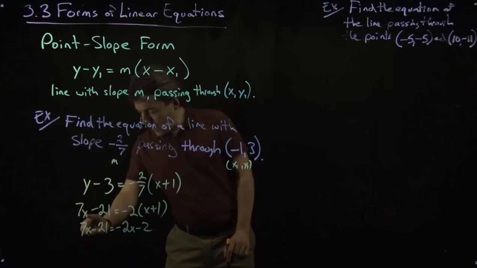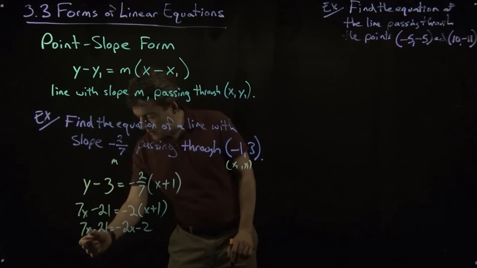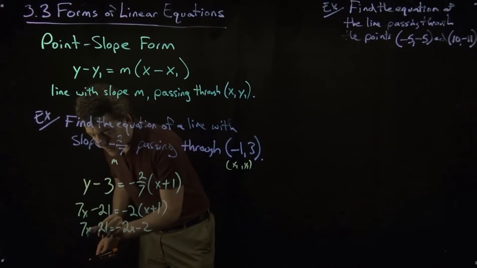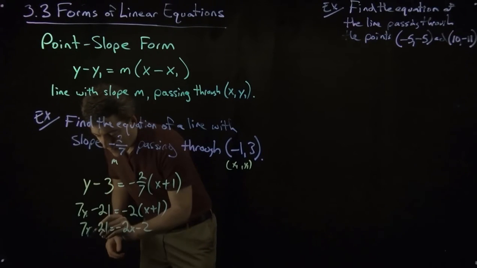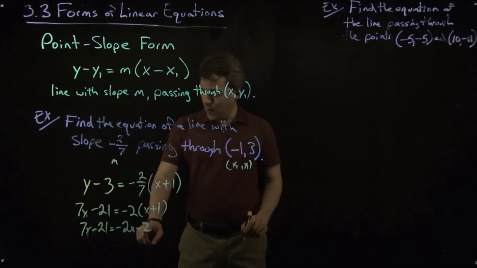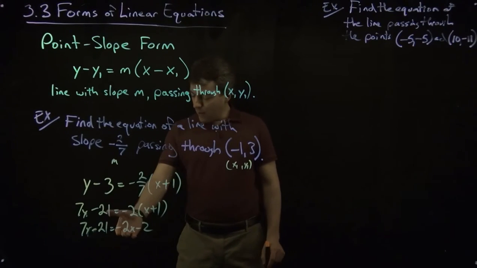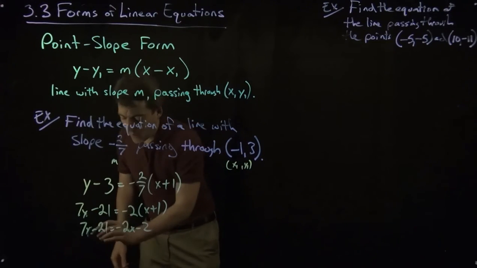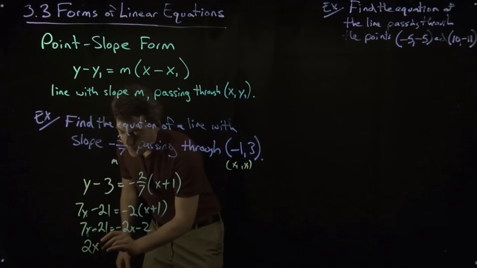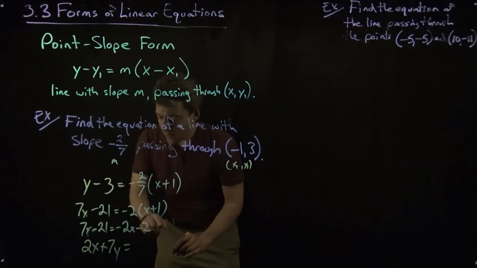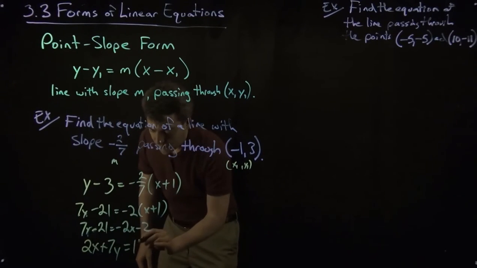I'm sorry, that's a y, so 7y. Clean that up just a little bit. All right, so 7y minus 21 equals negative 2x minus 2. We want to get the x's and the y's on one side and everything else on the other, so we'll add the 2x. We've got 2x plus 7y equals, and we add the 21, so we get 19.